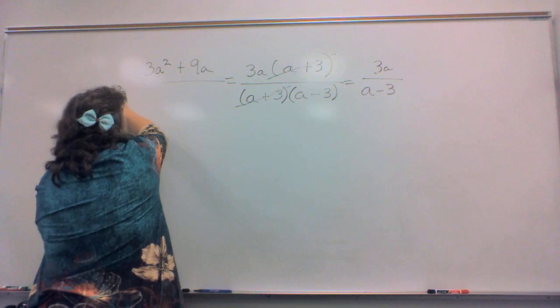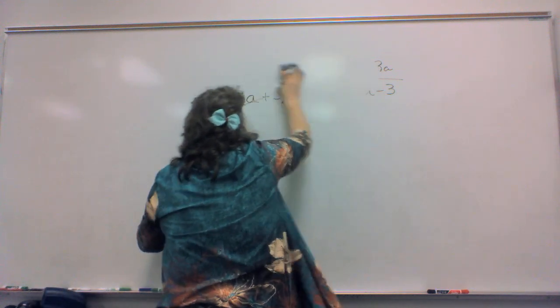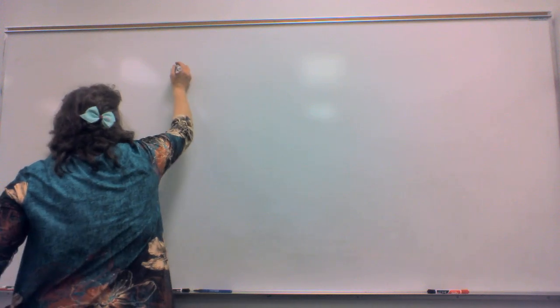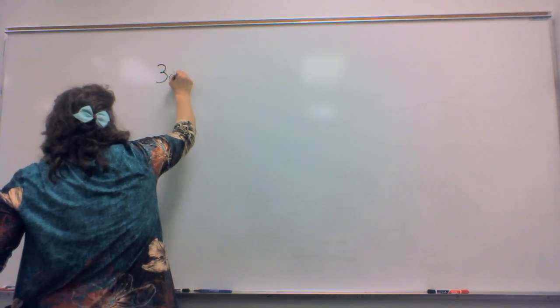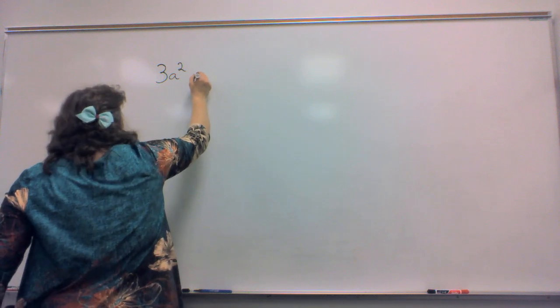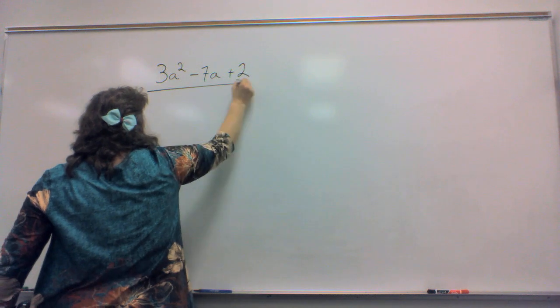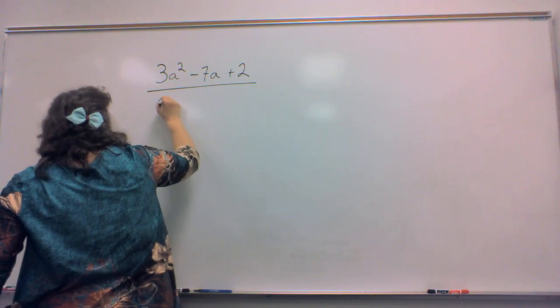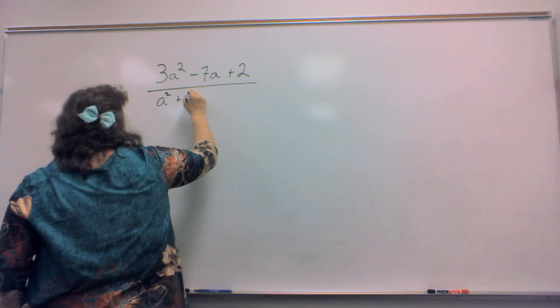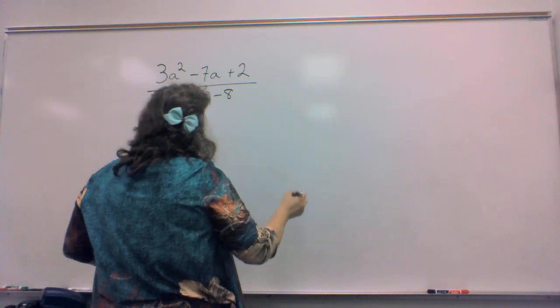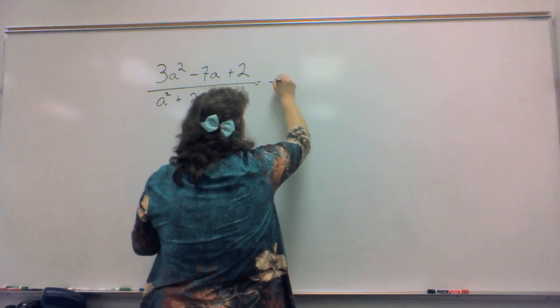let's look at another one. 3a squared minus 7 times a plus 2 over a squared plus 2a minus 8. Okay? So, let's factor these.